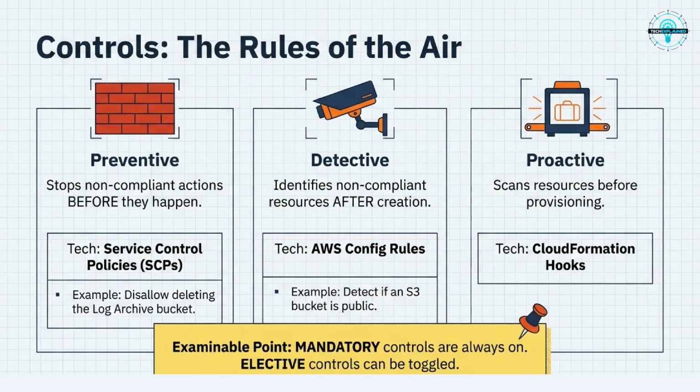Detective controls don't stop things, but they flag when something is wrong, implemented using AWS Config rules. For example, detecting if someone has made an S3 bucket public. And proactive controls go one step further. They check resources before they're even deployed using CloudFormation hooks. Controls can also be mandatory, always on, can't be turned off, or elective, meaning you choose whether to enable them. This flexibility lets you enforce hard rules while still giving teams autonomy where it makes sense.